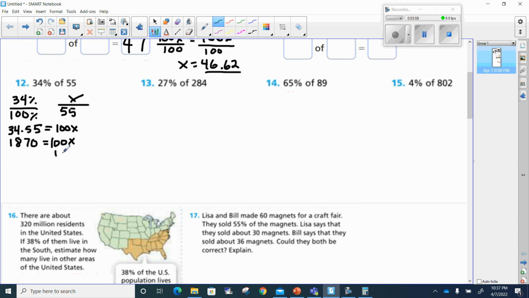When I divide by 100, I have to divide by 100 on the other side. This is going to move my decimal over 2 places, making this 18.7. Okay, if I add the estimate, I would round up and make it about 19.